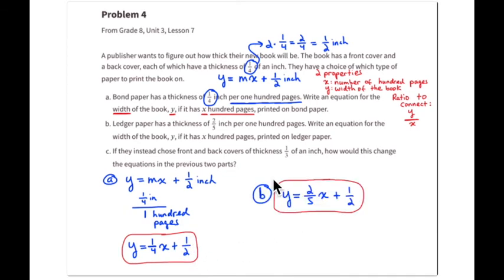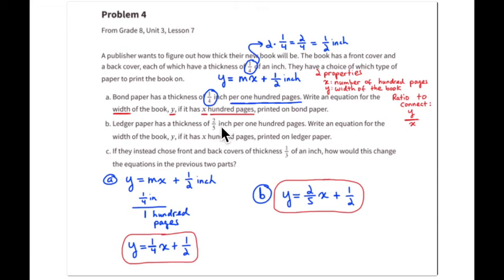If the thickness of the pages is 2/5 of an inch per 100 pages, this one was 1/4 of an inch per 100 pages. But these pages are a tiny bit thicker. This is 4/10 of an inch. This is 25/100 of an inch.